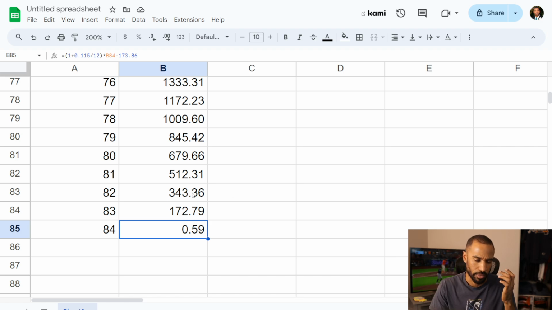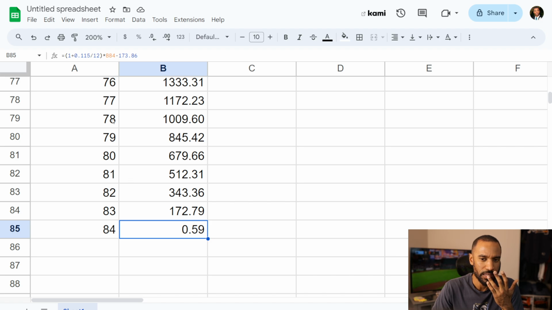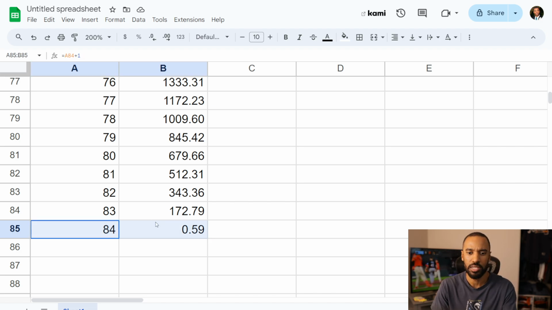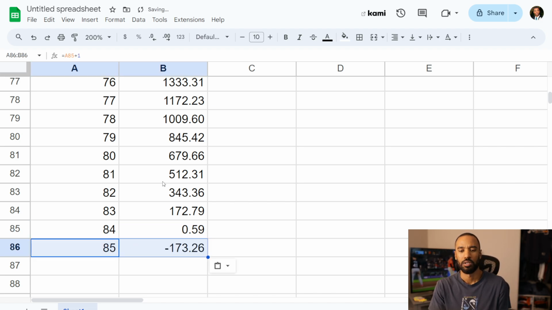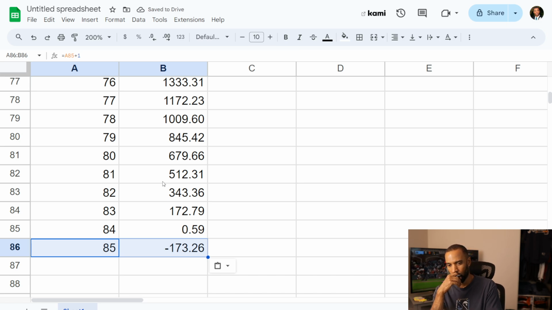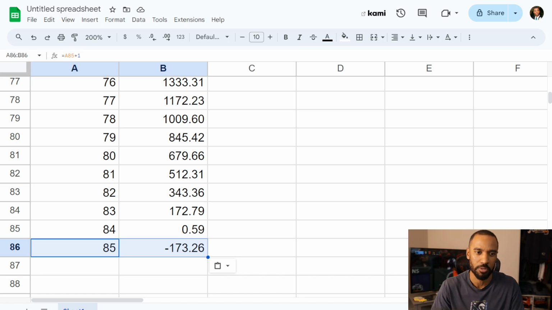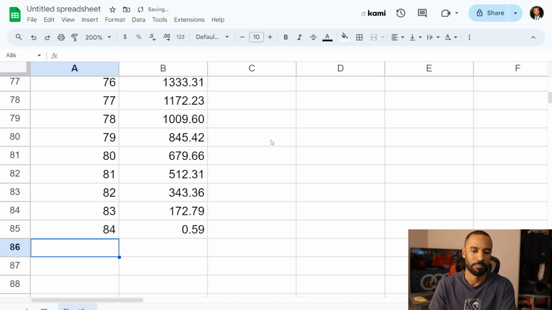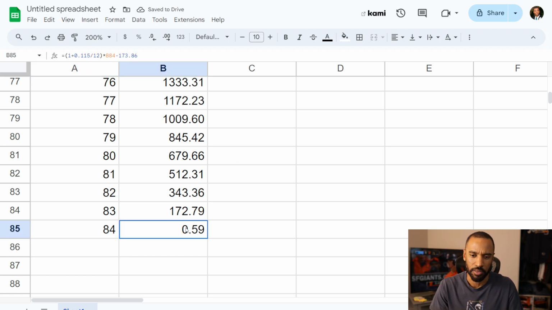I think that's how it works, because I think we've been doing the difference between these two. I don't know, I might mess up this answer. What's the 85th month? What's that going to give you? 173.26. Yeah, unfortunately, I don't really know too much about these numbers and how they work. I don't know if I'm going to get this answer right, because I would have expected a negative number in doing that difference there.